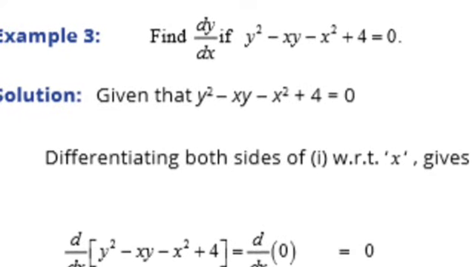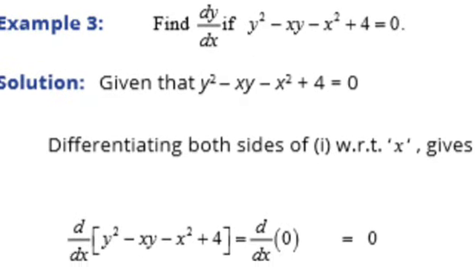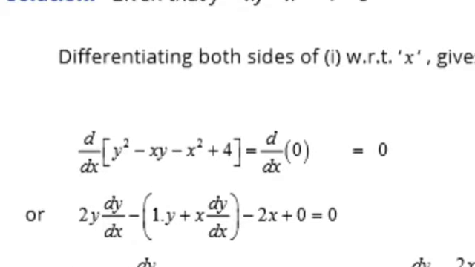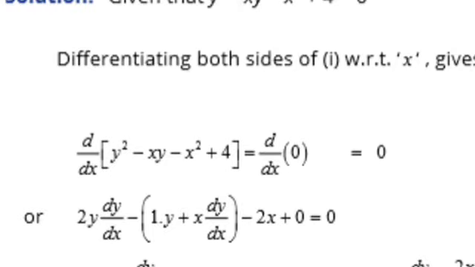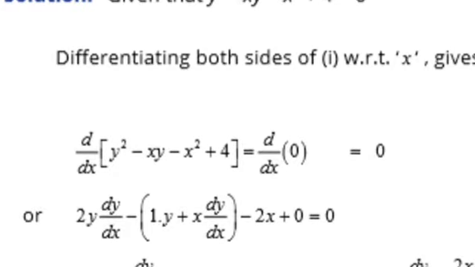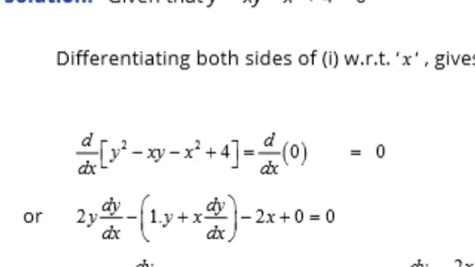In this question we have y square, its derivative is 2y dy by dx. Now in the second term we have x and y in product form. Here we apply the product rule. The product rule is derivative of a times b equals derivative of a times b plus a times derivative of b.